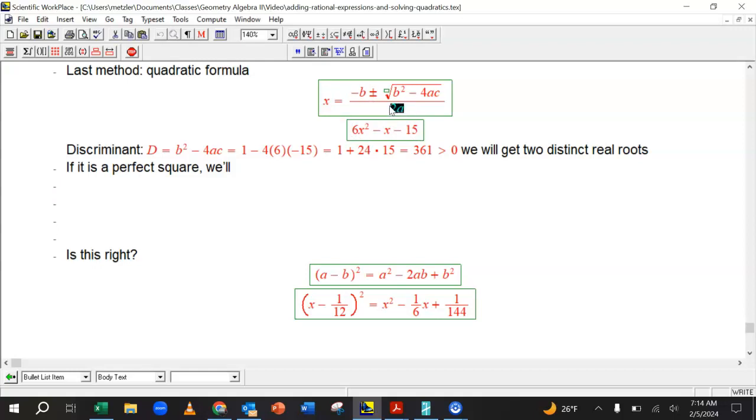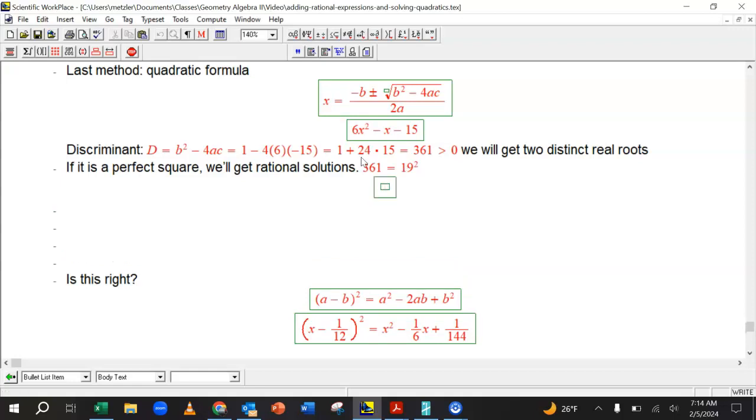Nothing weirder than a rational number, a fraction, from dividing by 2a. But the square root is what could create ugly square roots. If the discriminant is a perfect square, we'll get rational solutions. And of course here, we've already seen we get rational solutions, and that's related to the fact that 361, which I contrived, is 19 squared.